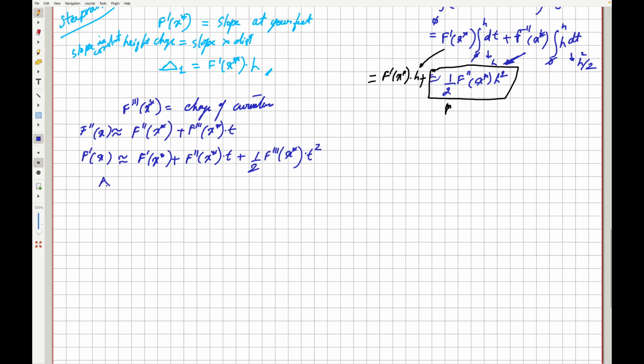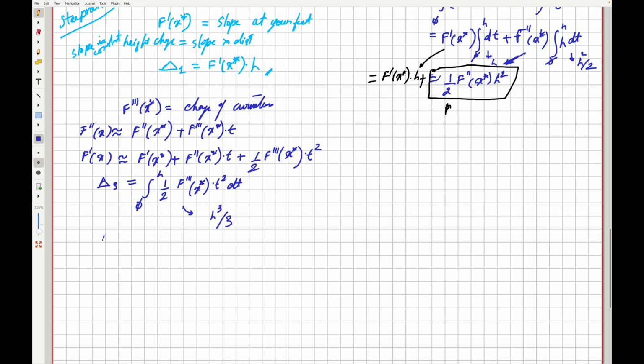And so the delta 3 would be equal to the integral from 0 to h of 1 half f triple prime x star times t squared dt. And if we compute this integral, what we get is h cubed by 3.